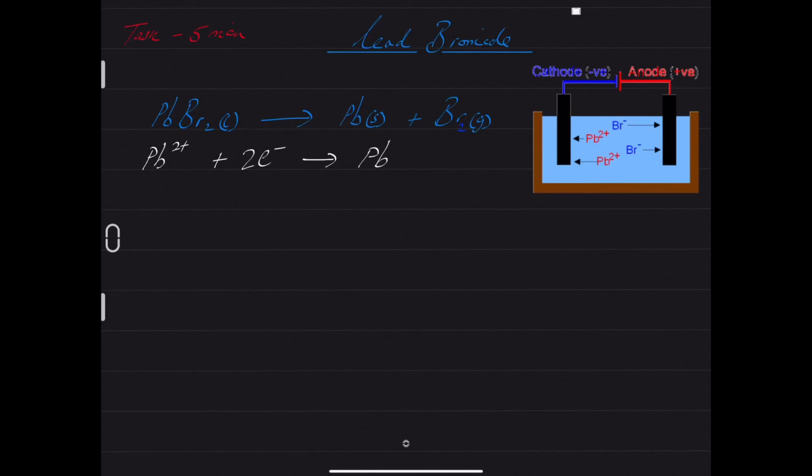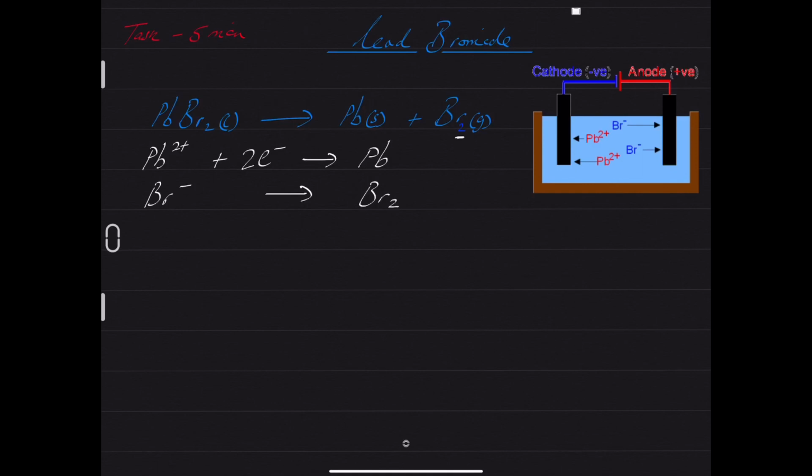The second ionic half equation, we've got bromine ion, and we are getting bromine. Now remember, this is where you have to use the full equation to help you. Bromine is a diatomic molecule, and you can see it represented there. So bromine has become Br2, which is diatomic. So this equation is telling us we have 2 atoms of bromine.